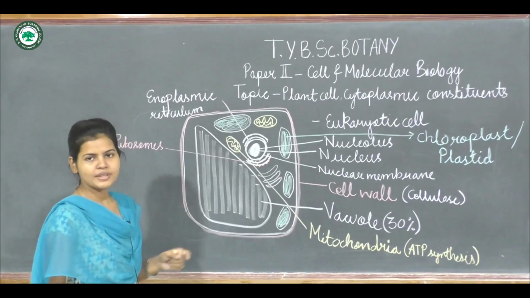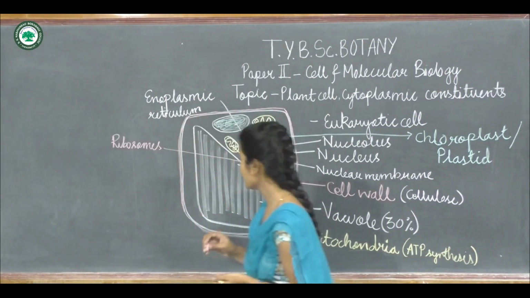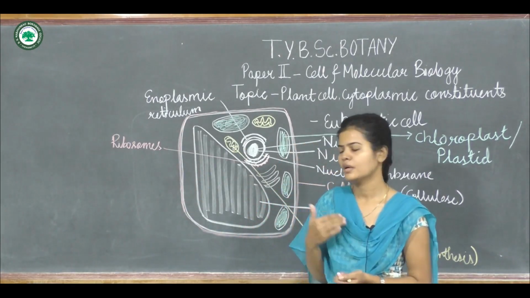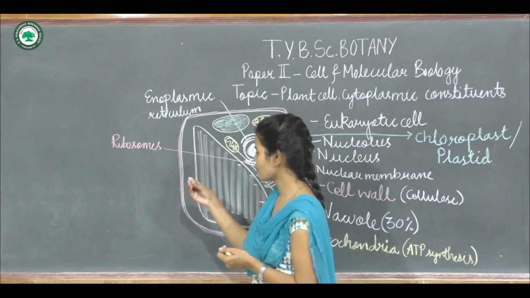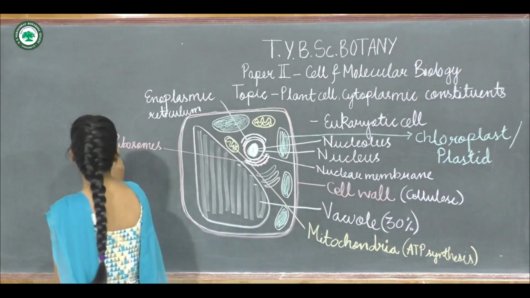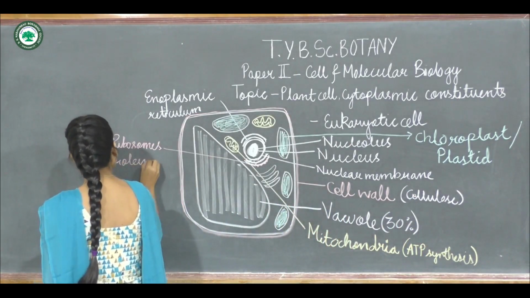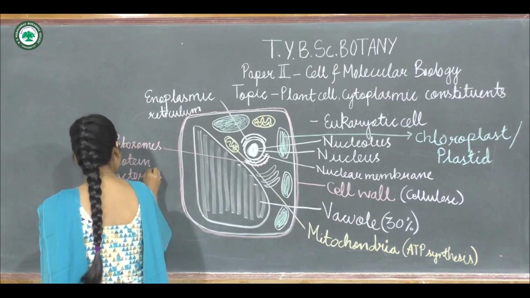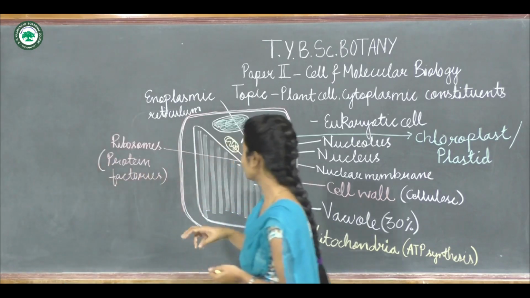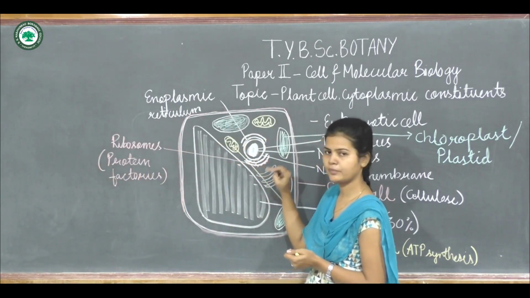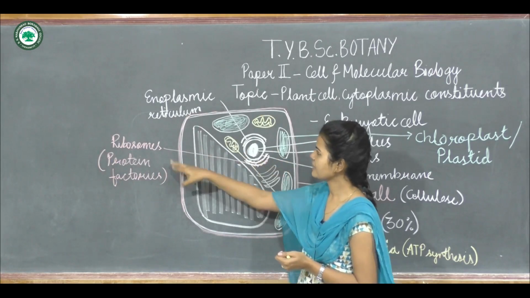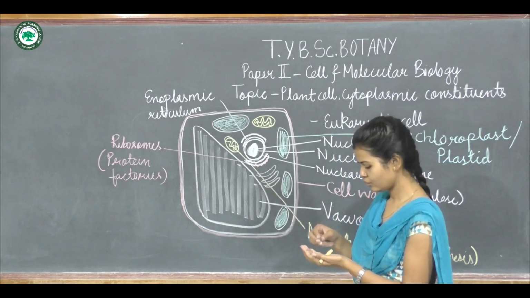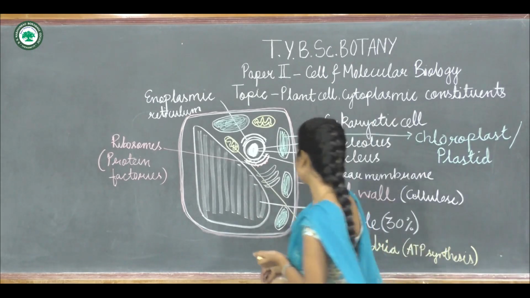These ribosomes are called a protein factory because they will help in the process of protein synthesis. So by this, protein synthesis process will occur in the endoplasmic reticulum. Next to that, there is presence of one more organelle.